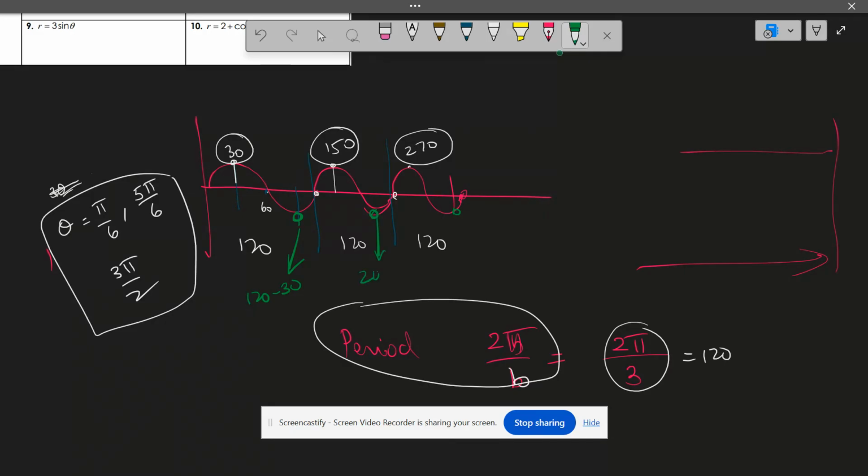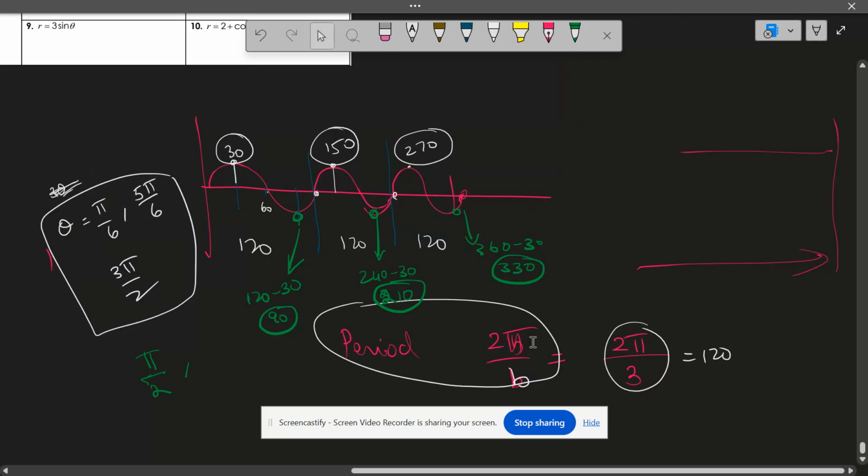This one is going to be 240 minus 30, and the last one is going to be 360 degrees. Is it 360? No, it's 360 minus 30, so it's 330 degrees. So we have 330, we have 210, and we have 90. So we have pi by 2 as one of the answers. Then we have 210, so we'll have to convert that into radians.